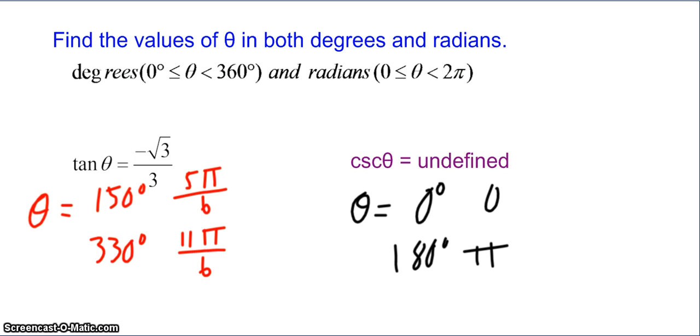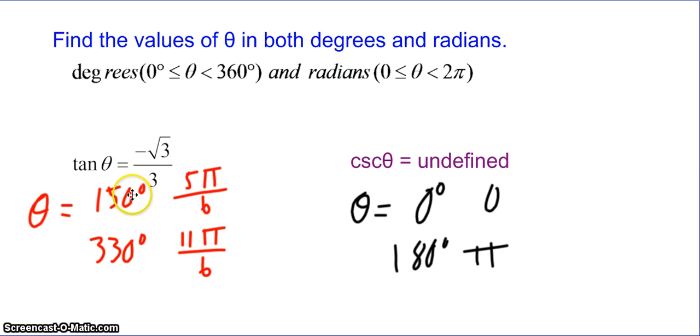Okay, so again, hopefully the tangent of theta equaling negative root 3 over 3 and the cosecant of theta equaling undefined were pretty straightforward. So where is tangent negative? Well, tangent is negative in the second and the fourth quadrant. And basically what I'm asking myself is, if I divide the y by the x value at an angle in, for instance, the second quadrant, when is that going to equal negative root 3 over 3?